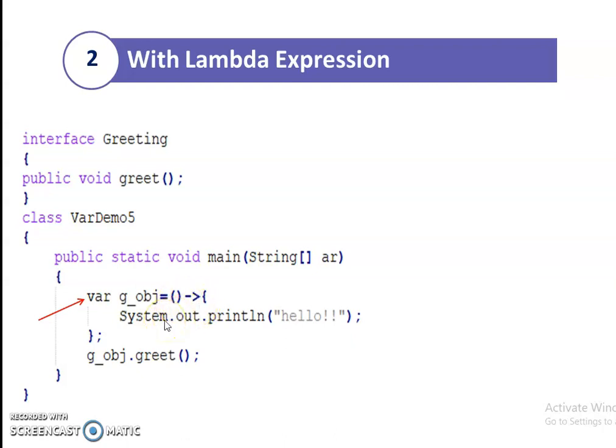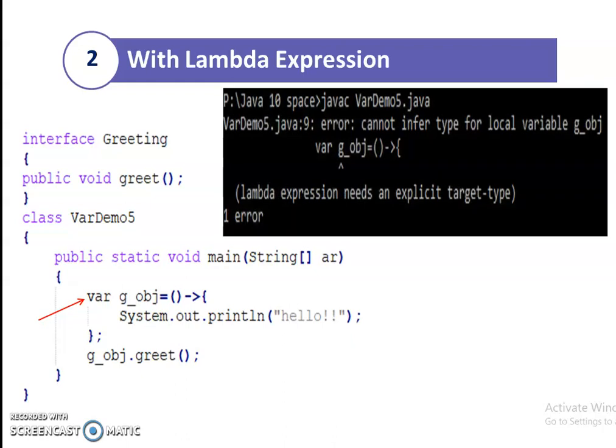We are printing one statement hello, and we are invoking this greet function of this obj. So when we try to run this code, you can see it will generate error, cannot infer type for local variable g_obj.